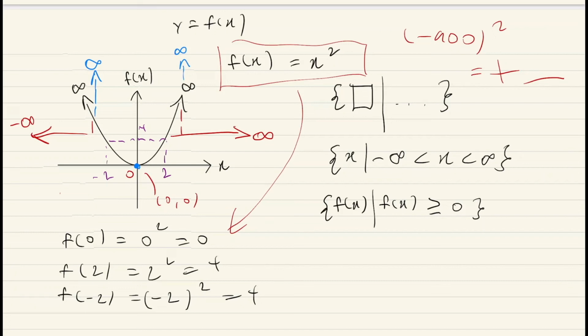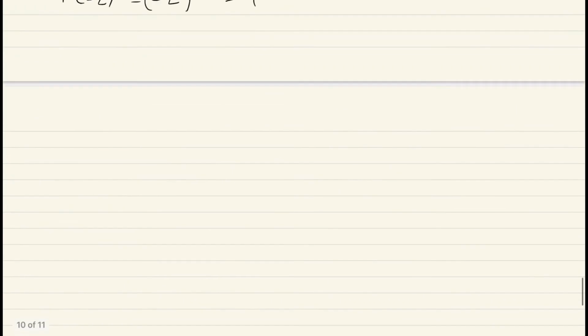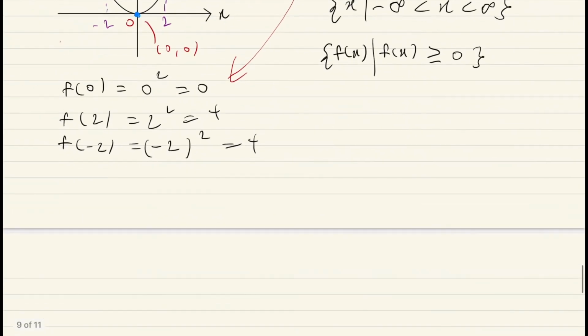But if you're given a quadratic function, and the question asks what is the domain and what is the range, then yes, you will stick to this kind. But there will be certain special questions which will seek a domain and range that is controlled by you.